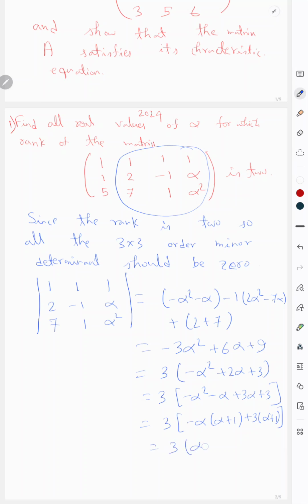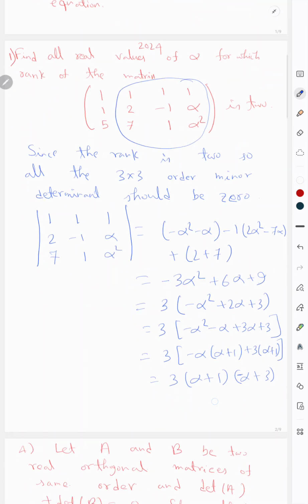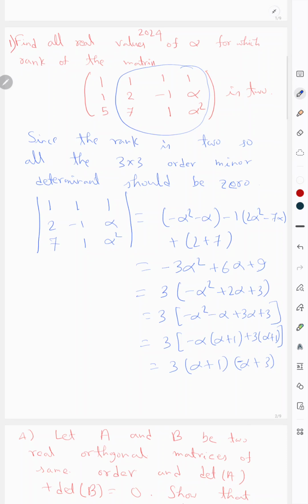So when it should be 0, the other values are minus 1 and 3, right?